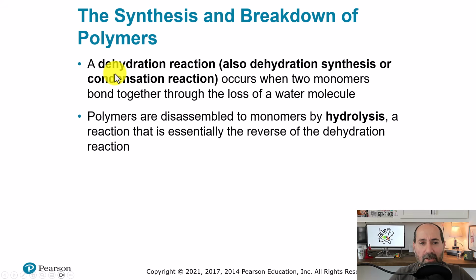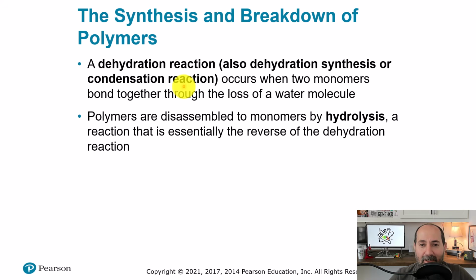So these monomers that I told you about with the macromolecules, these monomers are building blocks which link together to form polymers. And the process by which monomers link together is known as dehydration reaction, sometimes called dehydration synthesis, or even condensation reaction.